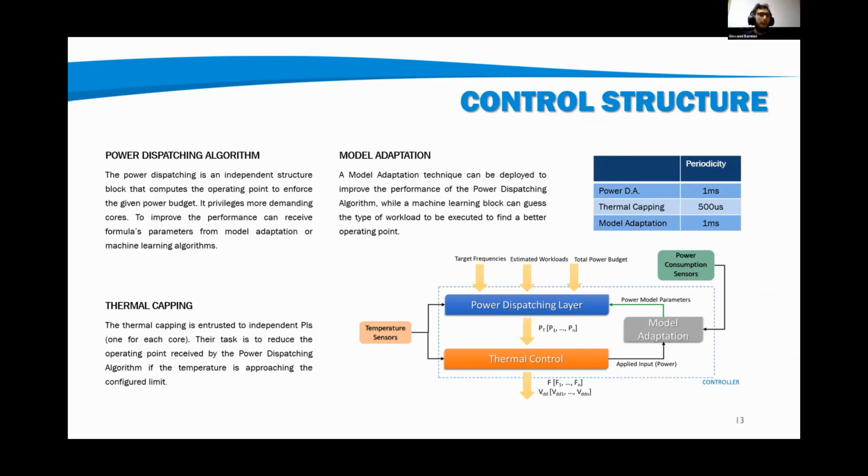Thanks to the advancedness of PULP hardware, we can also add some other blocks, like a model adaptation block to feed better parameters to the power dispatching layer and the thermal control to improve performance, and also some machine learning or AI to predict the workload that is going to be done to improve also the power utilization and power budget.